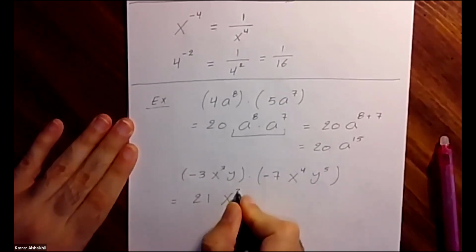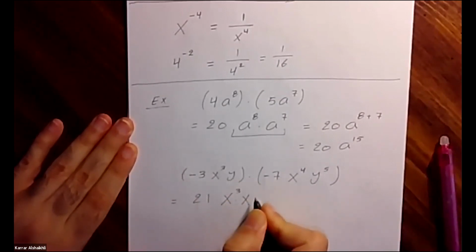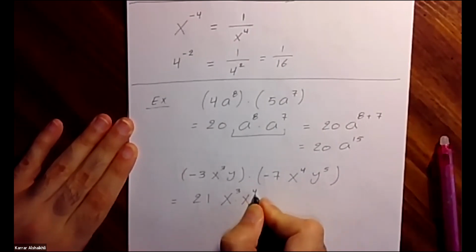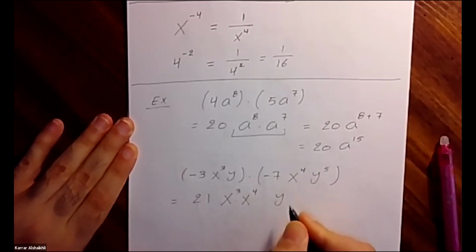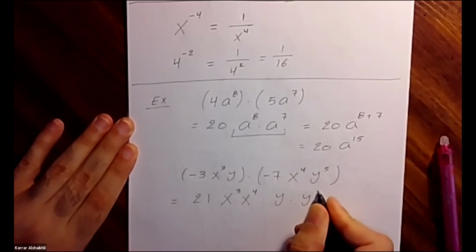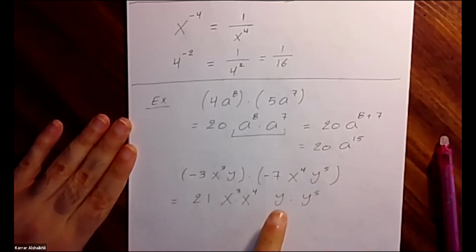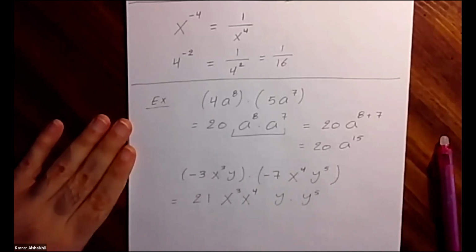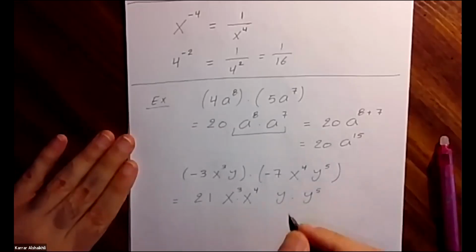x cubed times x to the power 4, y times y to the power 5. Can someone tell me how much the exponent is here? There's no exponent here. That means the exponent is 1.